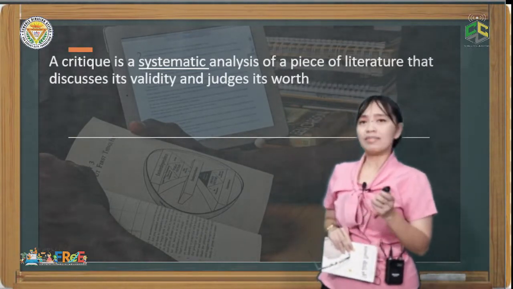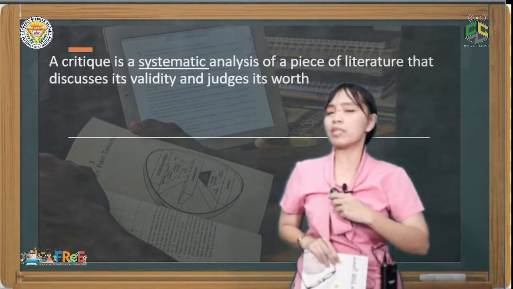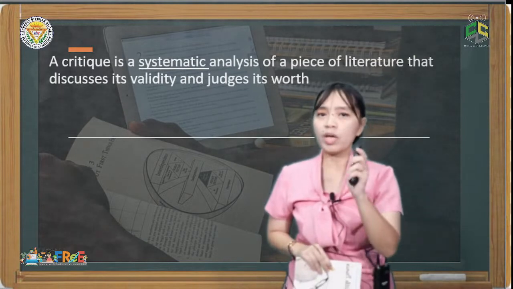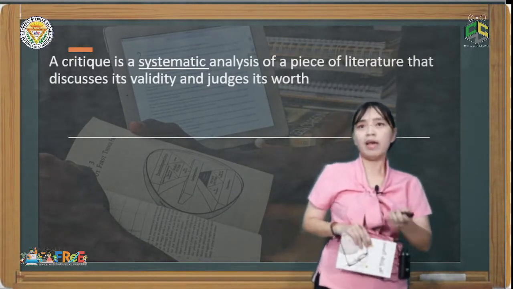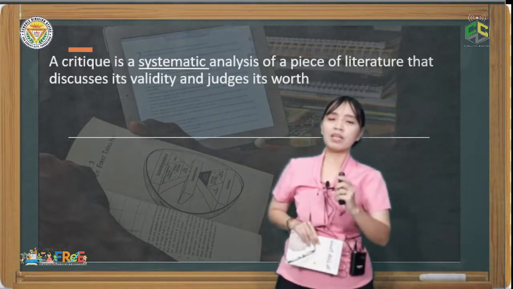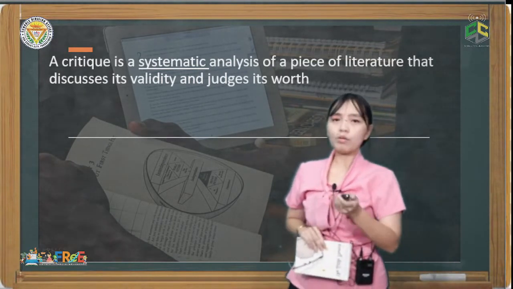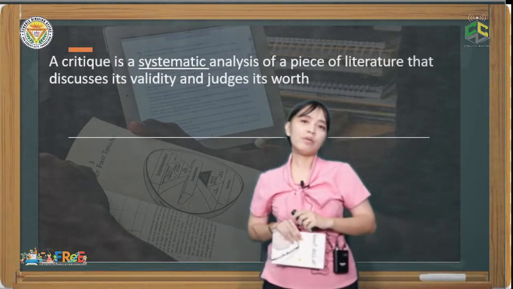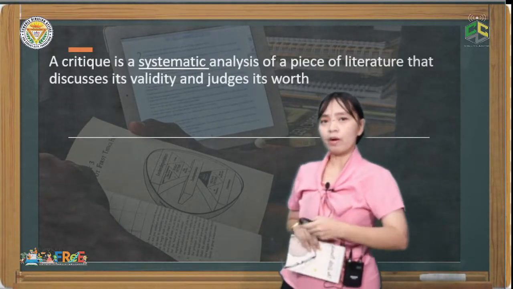As you can see, we have the word systematic, and later on we will be talking about the structure, the organizational part of the critique paper, and of course the content, the validity of the content, the quality of work that you are doing, and the value of the paper that you are coming up with.